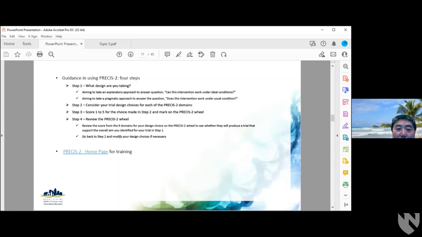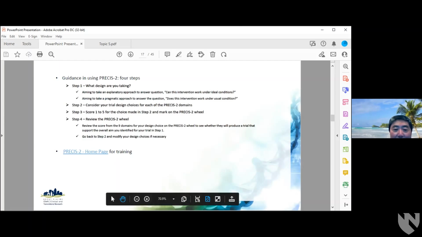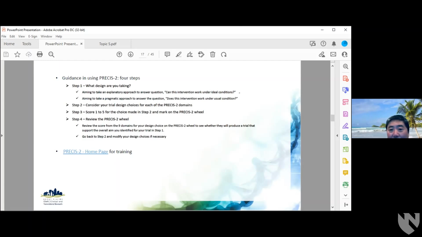Then you review the score to see whether it's consistent with the goal you set. After a number of iterations of review, you go back to step 2 to modify your design choices if they're not consistent with the idea you originally developed. I'm just highlighting these steps.